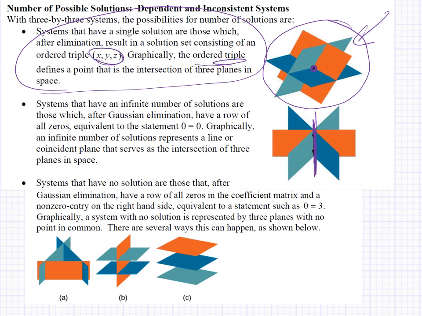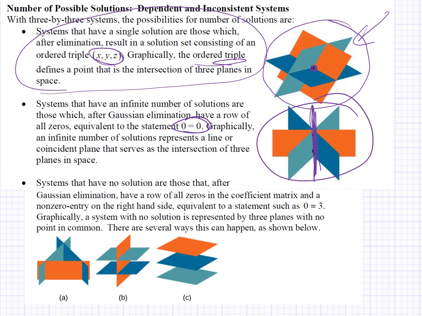There's one x, y, z that solves the entire system. However, if you have a line of intersection between the three planes, you have an infinite amount of solutions. And in the Gaussian elimination row reduction form, you would get a 0 equals 0 statement as one of the rows in your augmented matrix.